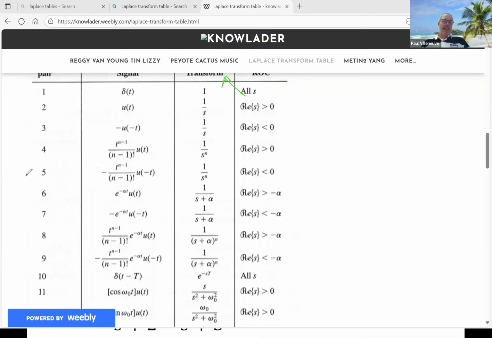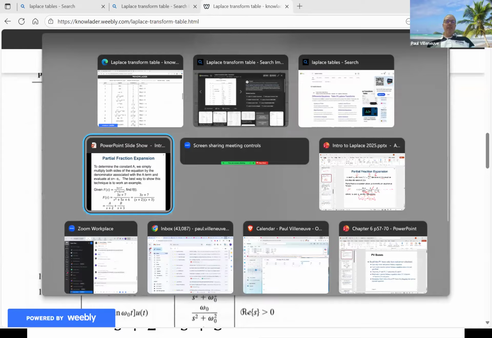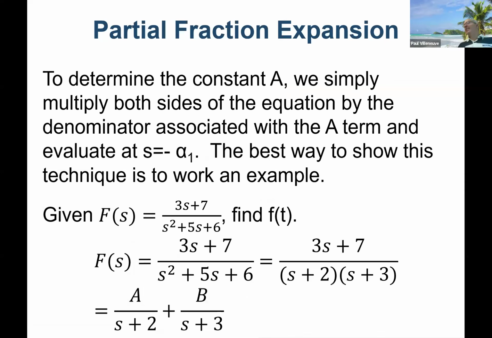So if I go back to here, is there anything that remotely looks like 3s plus 7 over s squared plus 5s plus 6?